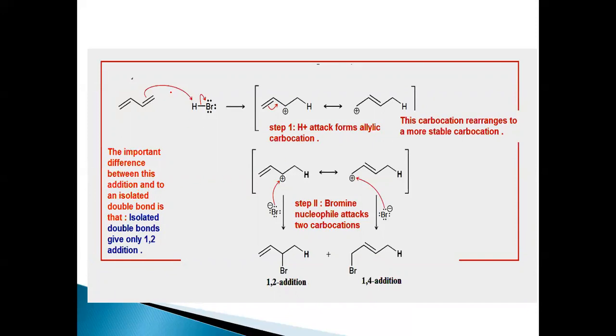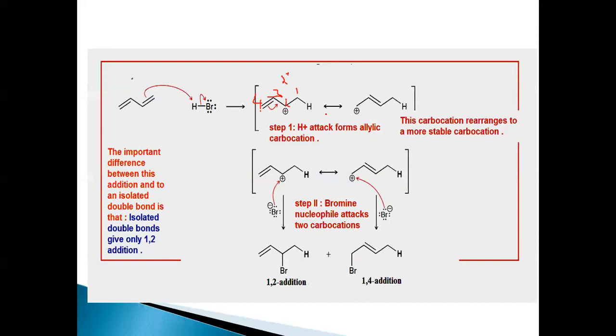So let's look at what is actually happening at different temperatures. When HBr is added to 1,3-butadiene, it adds by means of electrophilic addition, and H plus adds, resulting in the formation of, let's number the carbons 1, 2, 3 and 4, a secondary carbocation, which is also an allylic carbocation. So conjugation is possible in this.